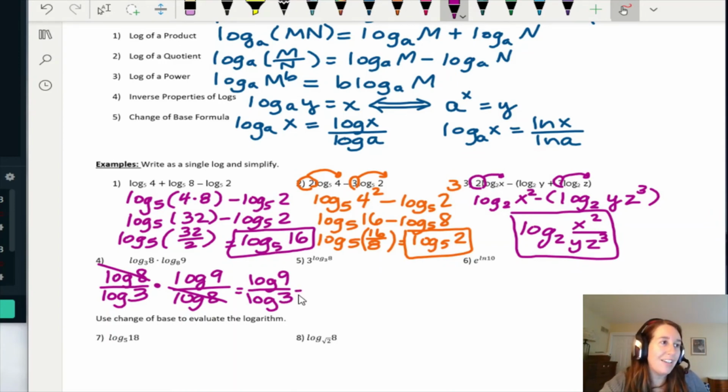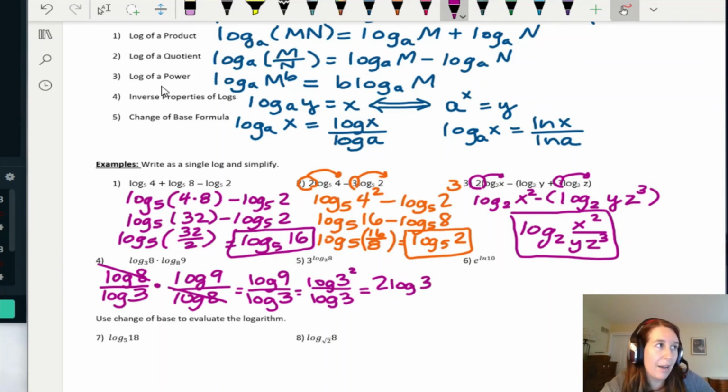So I could keep going on this a little bit more because I'm noticing that 9 is 3 squared. I'm going to run out of room for this next problem, but that one doesn't take too much space, I don't think. All right, so log of 9 is log of 3 squared, and then this is log of 3, and oh, I love this, I get to use the log of a power property, so that's 2 log of 3, right?